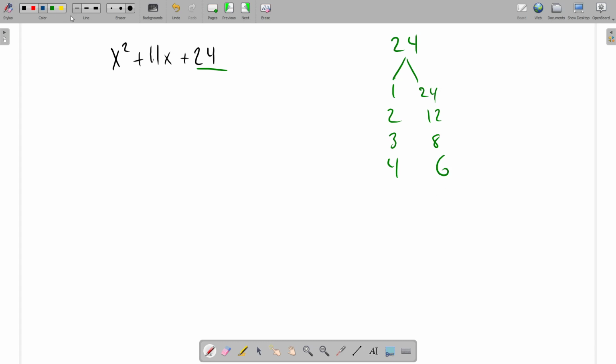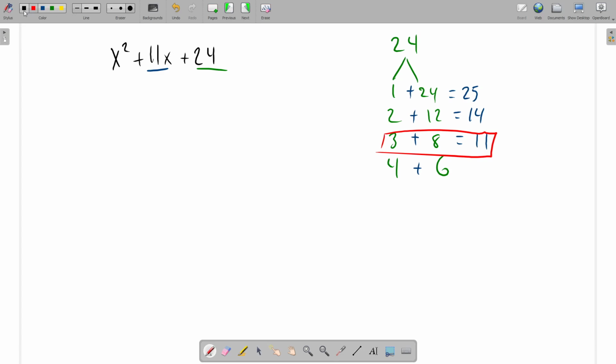We're then looking at these factors, and we're looking for two factors that add up to make the b value. So my b value is 11. I'm looking for two of these factors that add up to make 11. Well, 1 and 24 gives me 25, 2 and 12 gives me 14, 3 and 8 gives me 11.